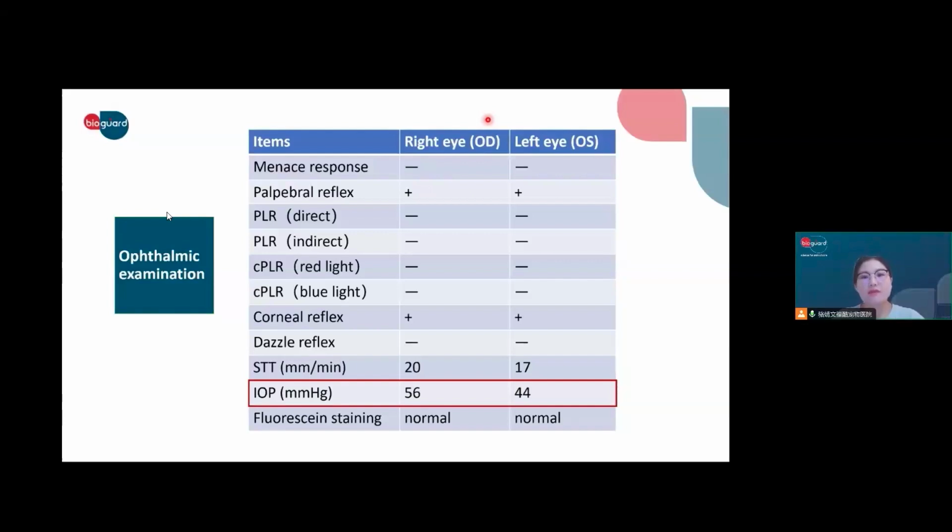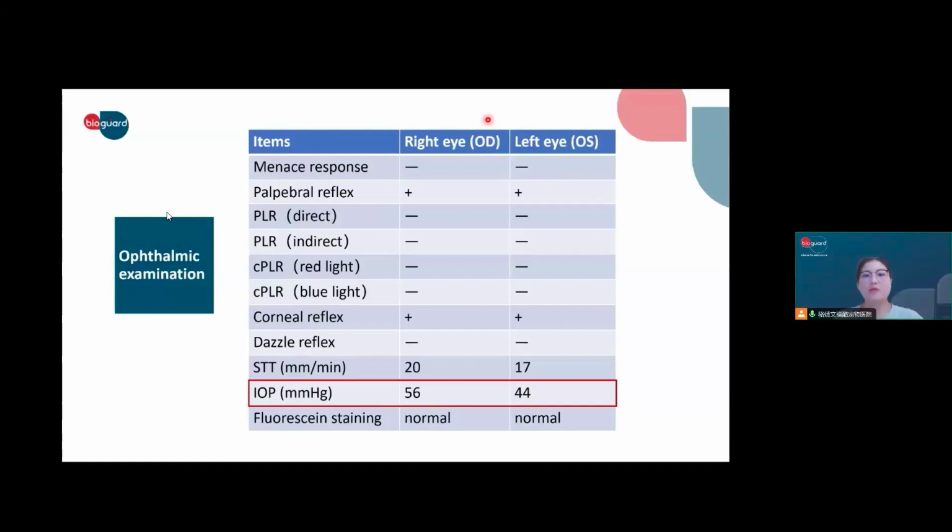Both of them were higher than normal. So at this point we know that this dog had glaucoma. We can confirm that. And the result of corneal fluorescein staining was normal, indicating that there was no corneal ulceration.